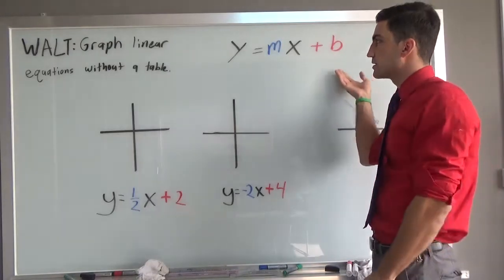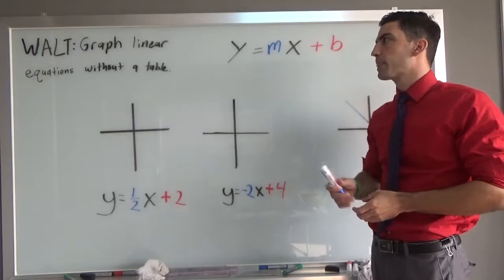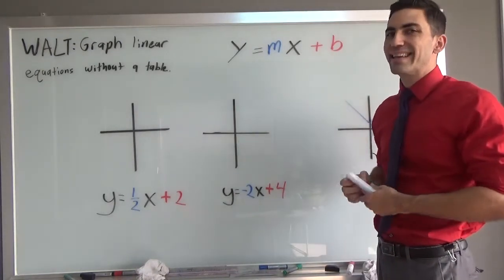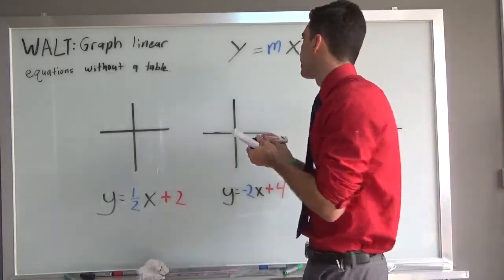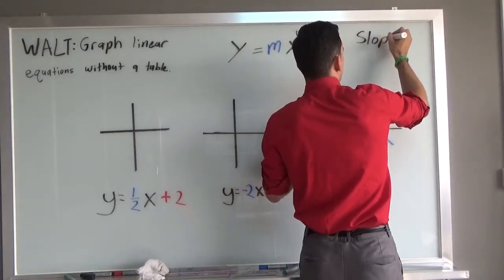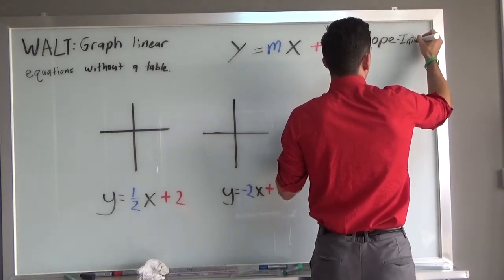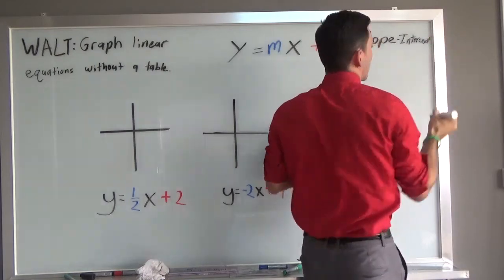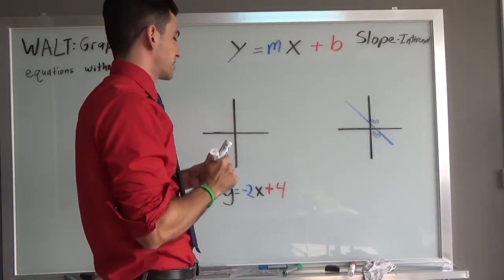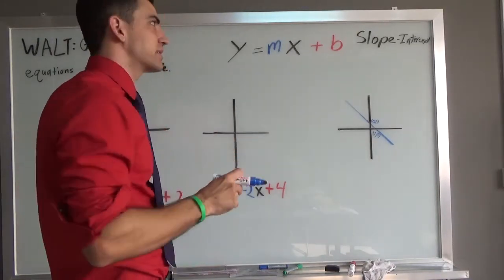Here is a very normal linear equation that you will find. This is in the form of slope-intercept form. I'll rewrite it here in just a second because there are two parts of this equation mainly.